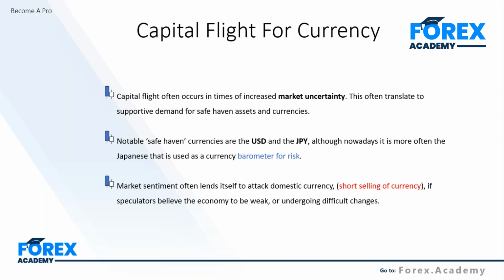In terms of currency pairs, notable safe haven currencies are the US dollar and the Japanese yen, although nowadays it is more often the Japanese yen that is used as a currency barometer of risk. Okay, and the reason for the US, just more recently in relative times, is of course it is continuing to run such a vast trade deficit that it is no longer able to support that capital flight just on the currency expectations.